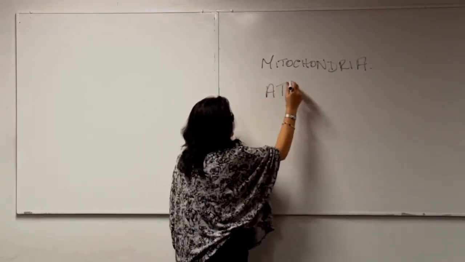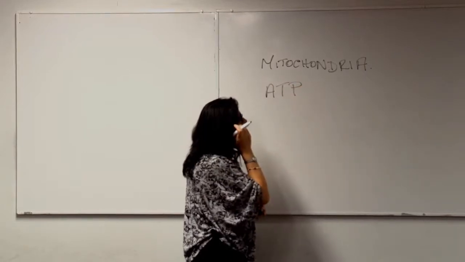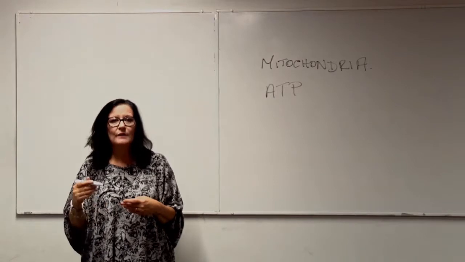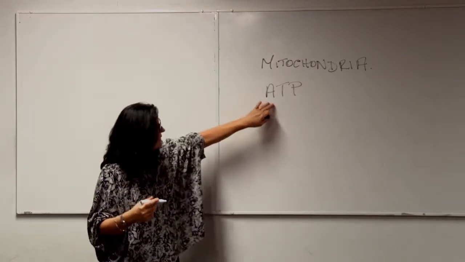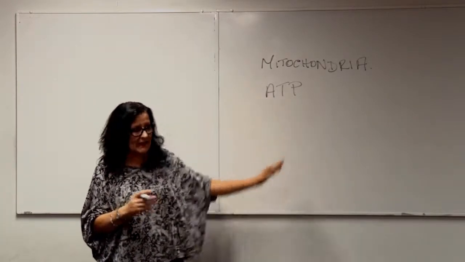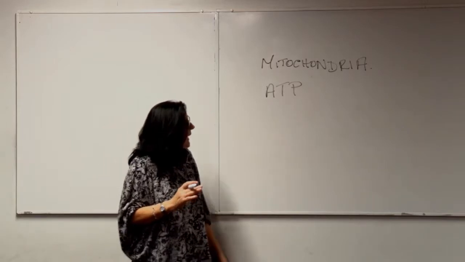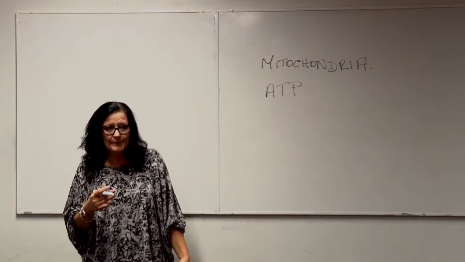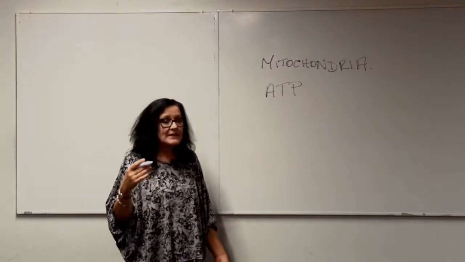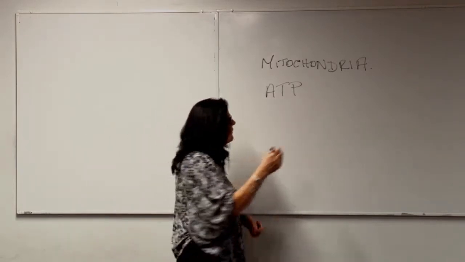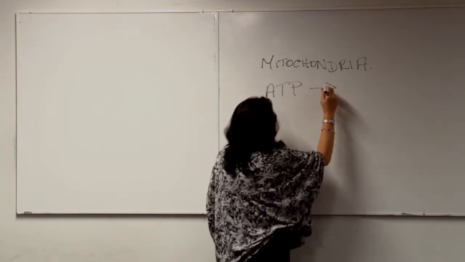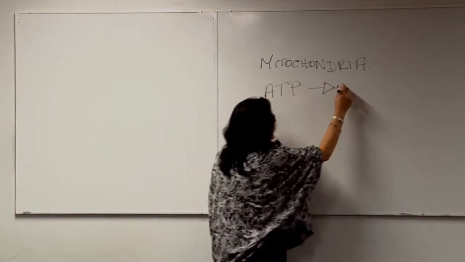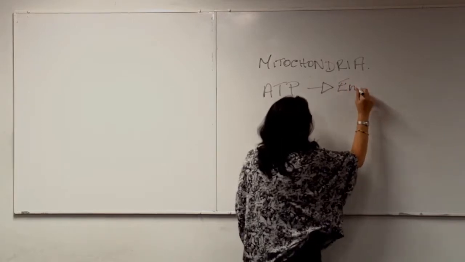ATP, we'll talk about the structure in a minute, stands for adenosine triphosphate. Adenosine triphosphate, ATP. ATP, as I said, is synthesized in the mitochondria, and it's used in the cell for lots of metabolic processes for energy. It gives energy.